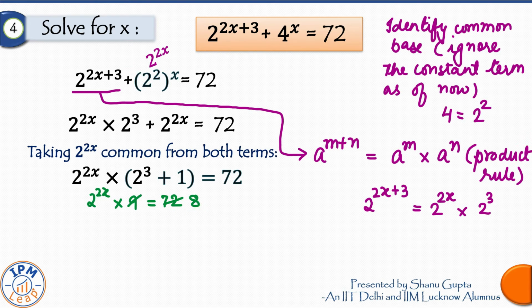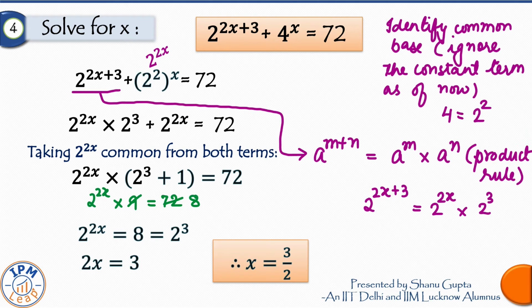So the same equation simplifies to 2 raised power of 2x is equal to 8 and 8 is 2 raised power of 3. Base is 2 on both sides, so exponents can be equated, which means 2x is equal to 3. Therefore, x is equal to 3 by 2. That's our answer.